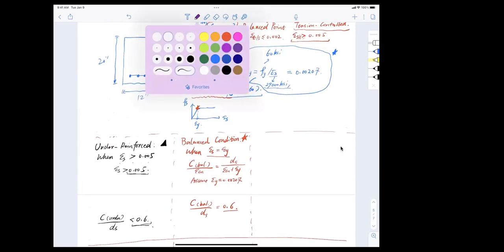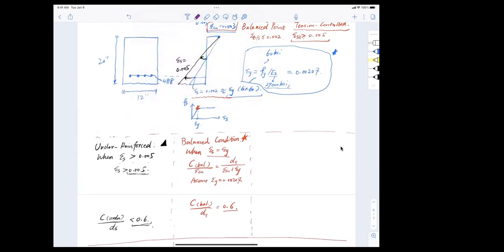I surely can go the other way. So I can also rotate this way to end up a smaller strain in the steel. For this case, I call it over reinforced.